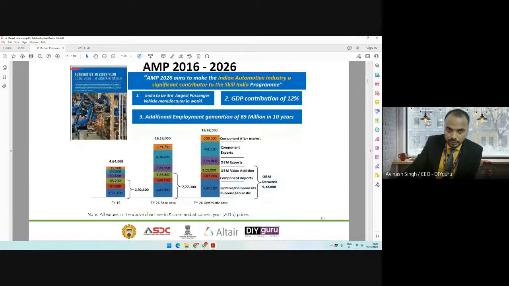Now you need to look into the automotive mission plan from 2016 to 2026, because this is the phase where you are currently living in, and it becomes very important for you to understand whatever policies will come in the near future. I think yesterday or the day before yesterday only, the Government of India again revised the PLI scheme, because the PLI scheme was to boost the electronic industry and the battery industry, because battery manufacturing is very much required in the whole Indian automotive ecosystem.